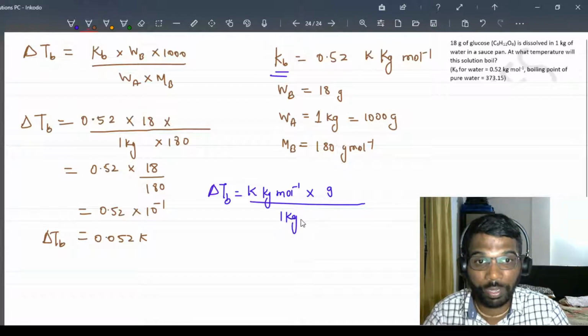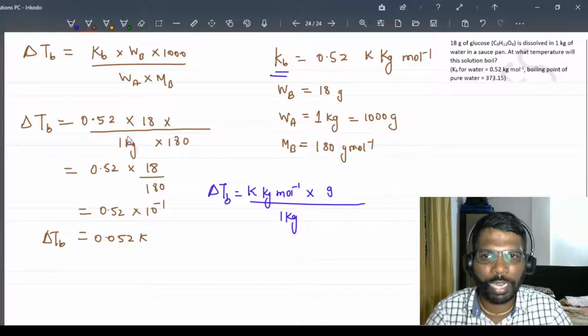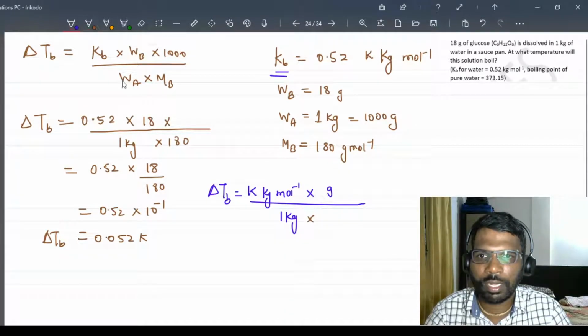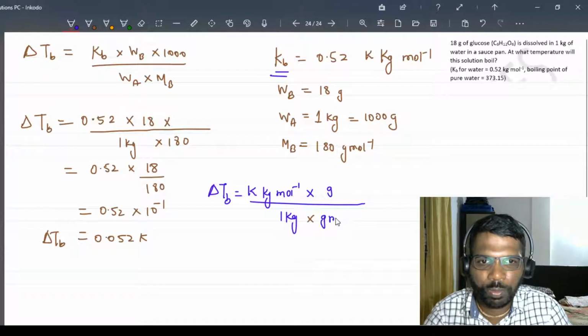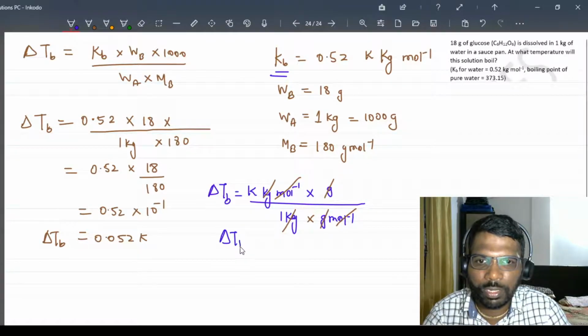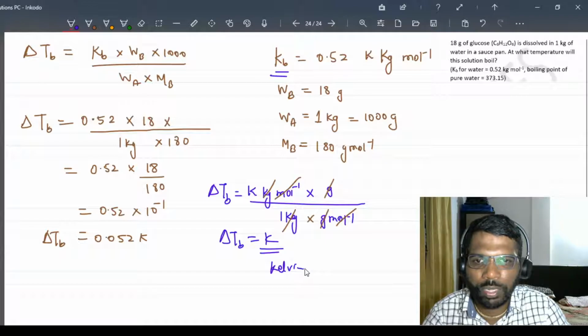Does it make a difference writing 1 kg and 1000 by 1000? No, it doesn't make any difference. Next is this grams per mole. The units are going to get cancelled this way. Grams per mole, grams, kg and kg. So for delta TB, the unit is Kelvin. That is the thing.